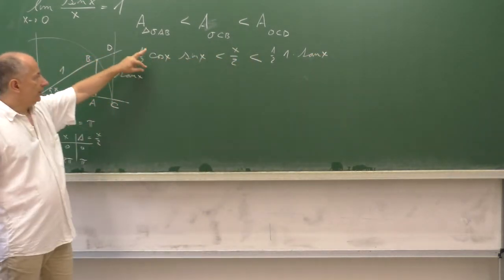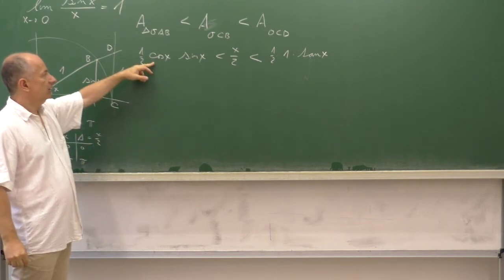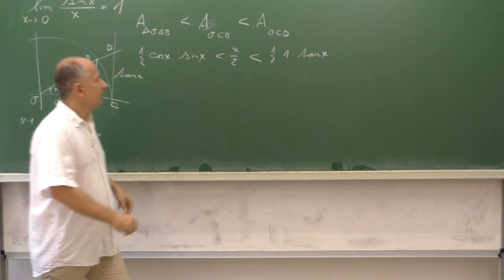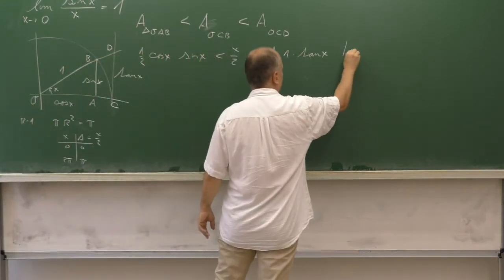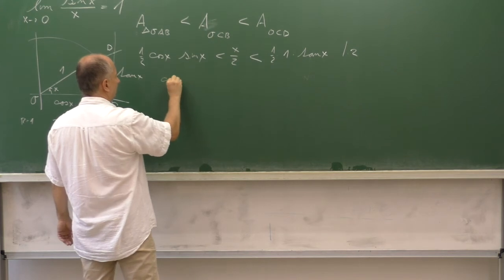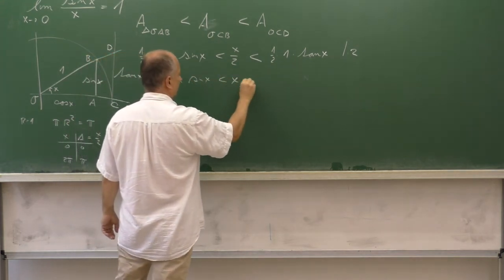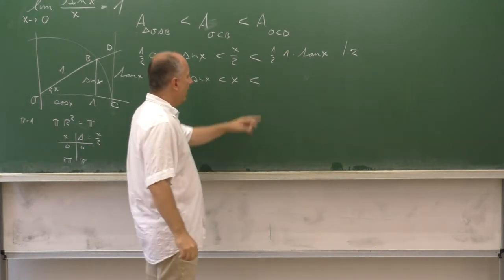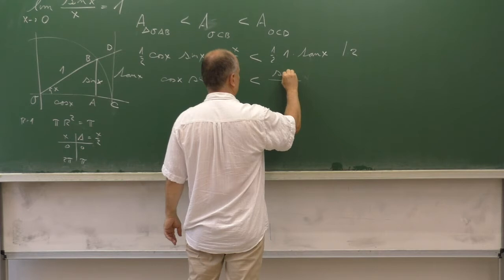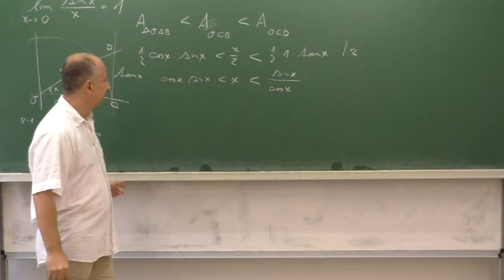Now we want to manipulate this condition a little to find some useful result to compute this limit. First, we can multiply by 2, to get rid of the fractions, and we get cosine of x times sine of x is less than x is less than, and tangent can be written as the fraction sine of x divided by cosine of x.